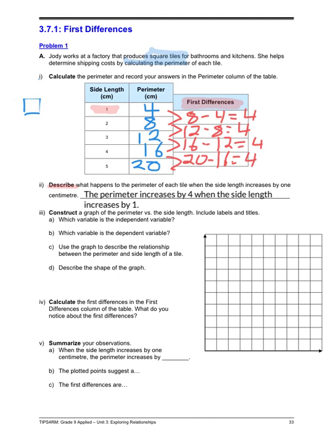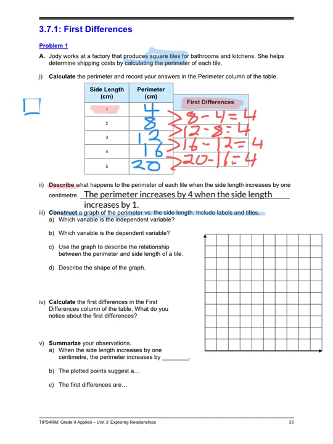Next, we are asked to construct a graph of the perimeter versus the side length. Include labels and titles. So we're going to put this information on our grid, and we need to think about our perimeter and our side length. We need to decide on an independent variable, or the measurement that determines the other.